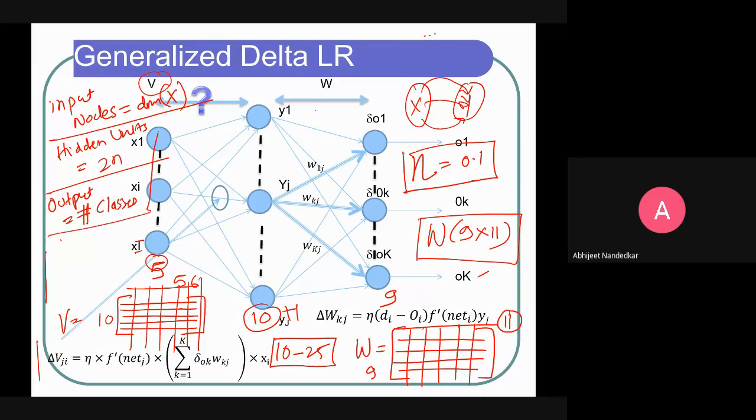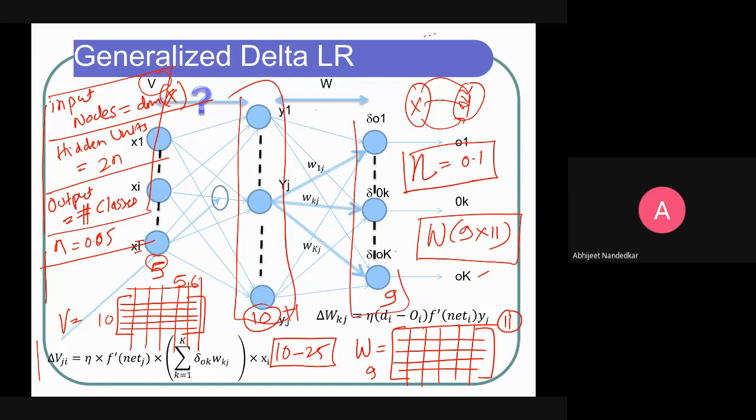Okay, so these are the 3 things you must start with. Next one is the learning constant. You choose a small one, maybe 0.5, and for every layer you can define its own activation function, but in general it is done with bipolar sigmoidal or tanh function. So these are 5 things you must assume before you start training.